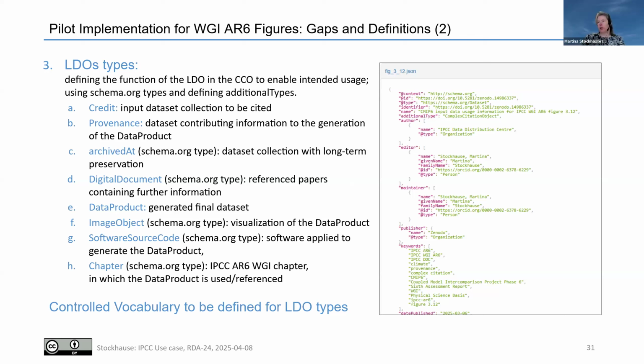We have other information like the data sets where we can say, if you want provenance information or to reproduce the figure, then you have to take that. We have some additional things like archived subsets or the image. We have the chapter as reference. That's what we came up with, and we think that this controlled vocabulary needs to be defined at some point.